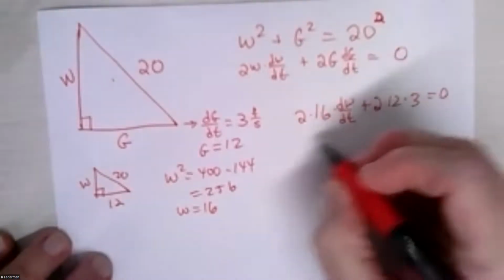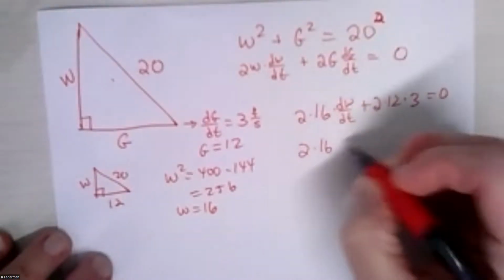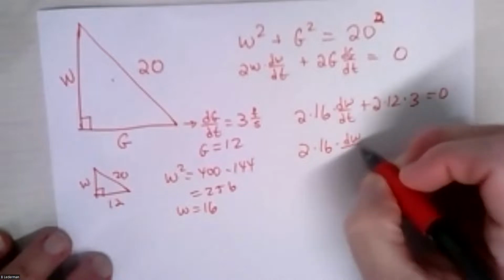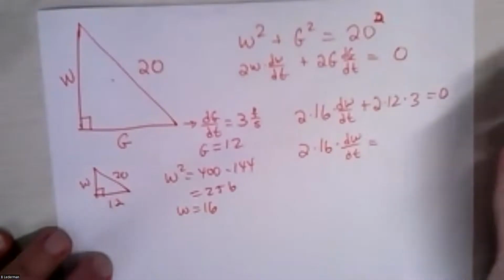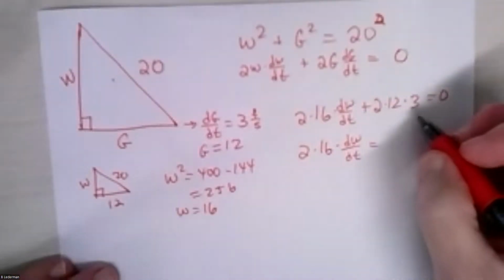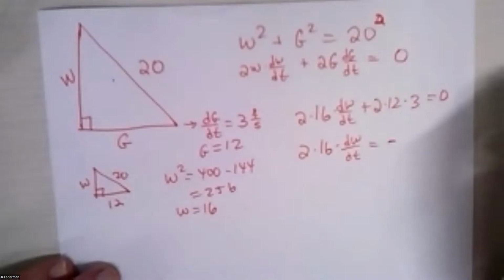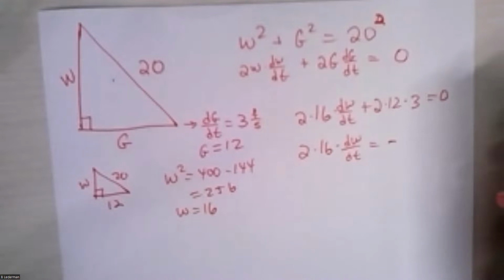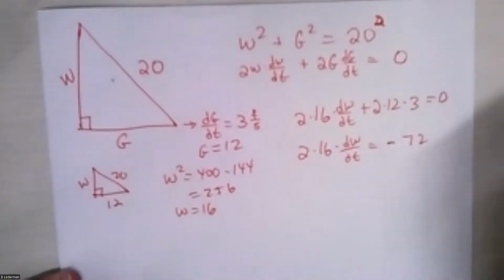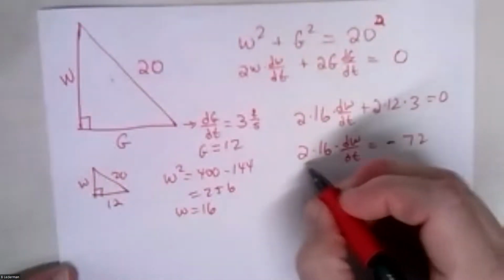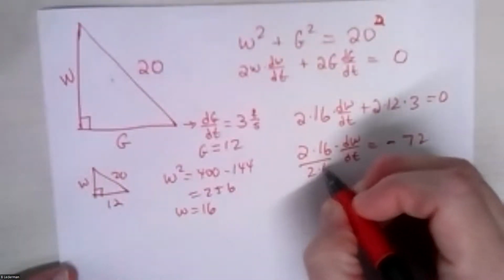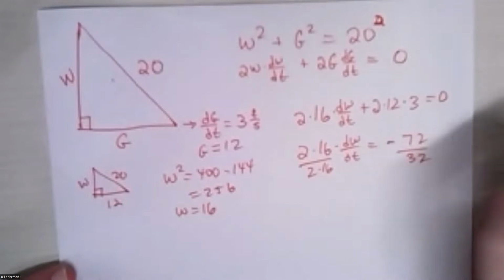And now I say 2 times 16 times dW/dt equals negative 72, what's that, 24 plus 3 is 72, negative 72. And I divide both sides by 32, right?